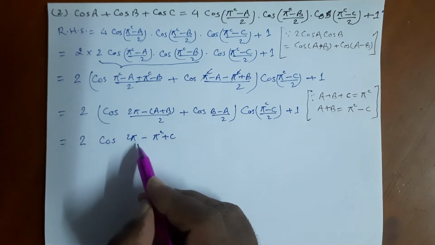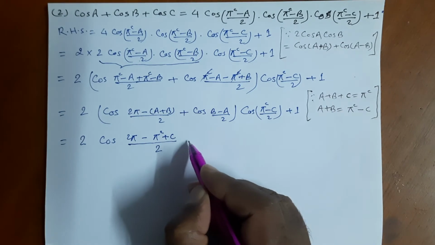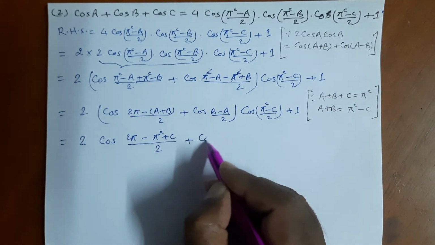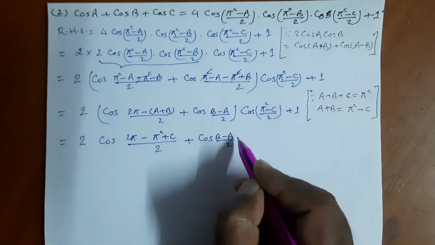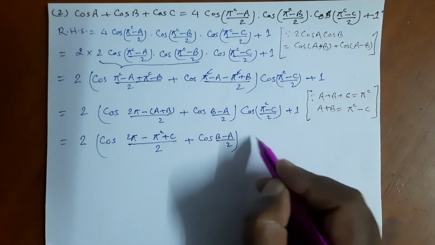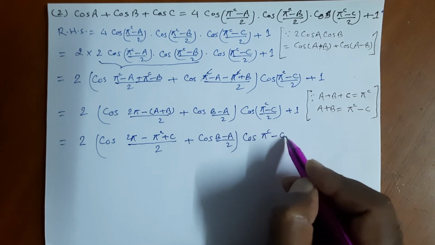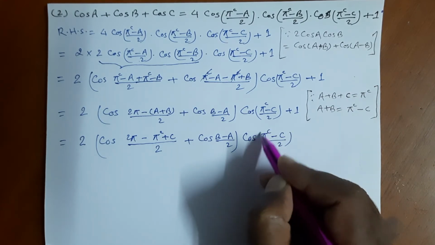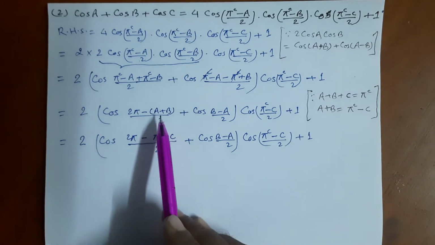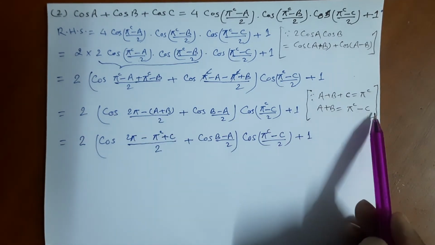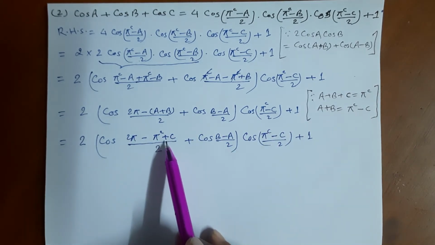Okay, over 2 plus cos b minus a over 2, and outside there is cos pi radian minus c over 2 plus 1. Right, here a plus b value is pi minus c, this outside minus and this minus here became plus.